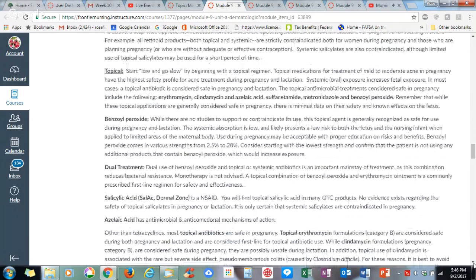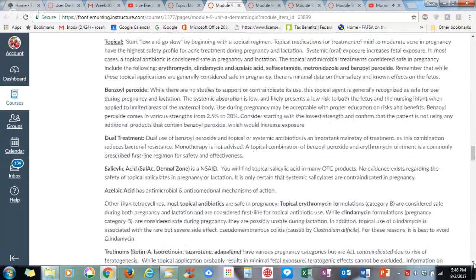Topical, start low, go slow by beginning with a topical regimen. Topical medications for treatment of mild to moderate acne in pregnancy have the highest safety profile for acne treatment during pregnancy and lactation. Systemic oral exposure increases fetal exposure. In most cases, a topical antibiotic is considered safe in pregnancy and lactation.